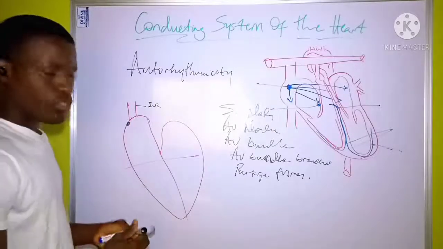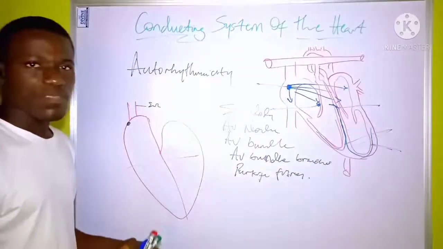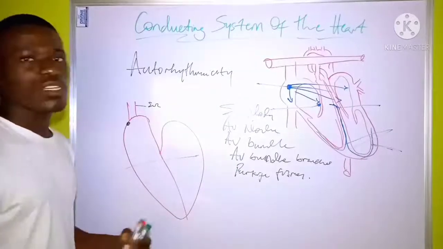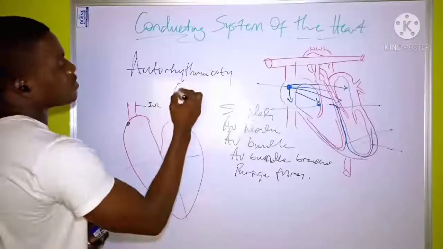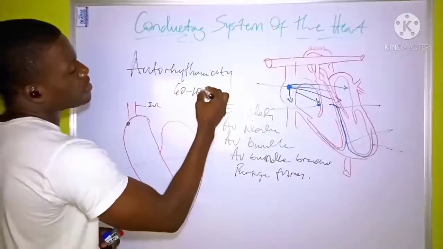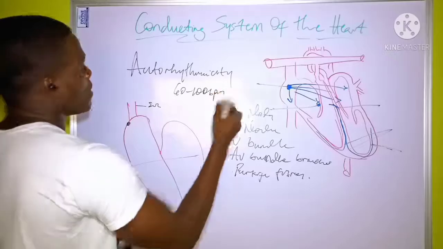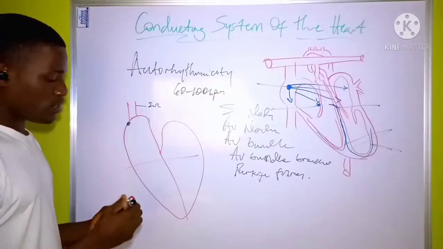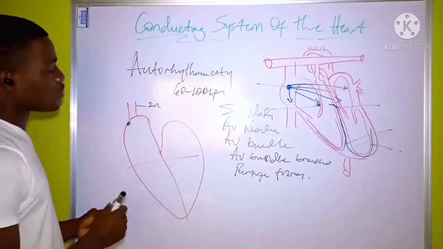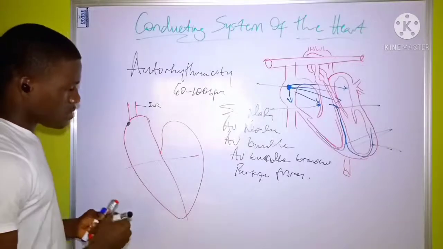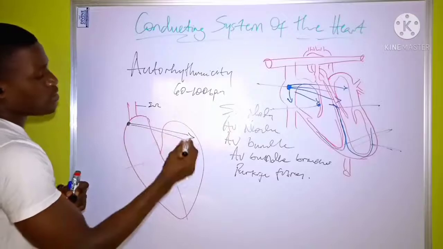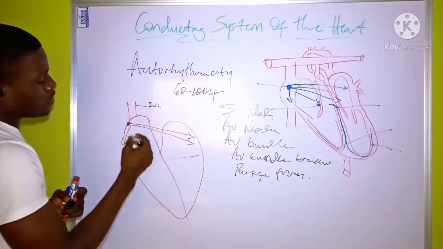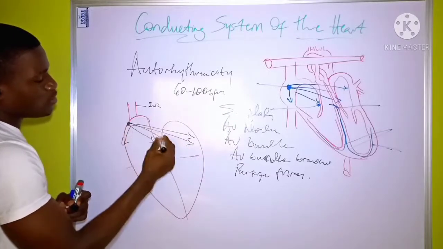Now, the SA node is also referred to as the pacemaker because it generates its own impulse, and its impulse is about 60 to 100 beats per minute, BPM, and the impulse from the SA node causes contraction of the atriums, that is the left and right atrium. So it is sent to the walls of the atrium to cause contraction.